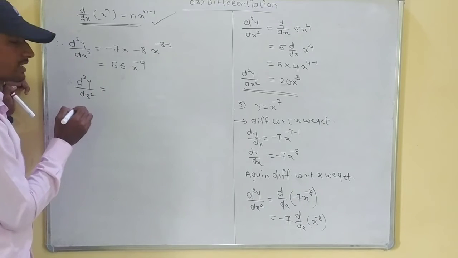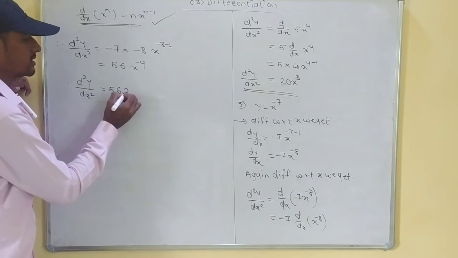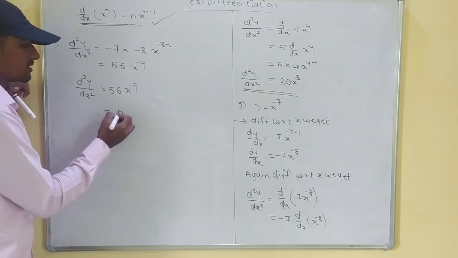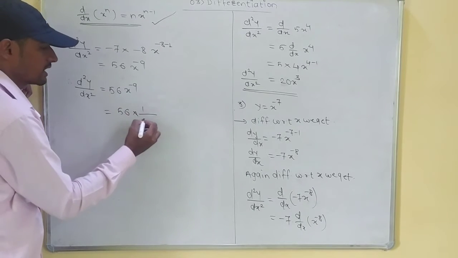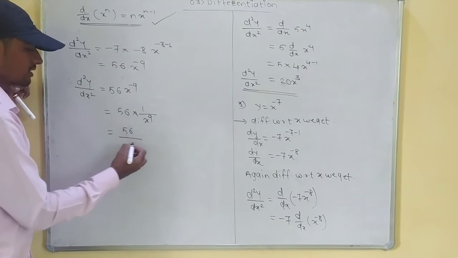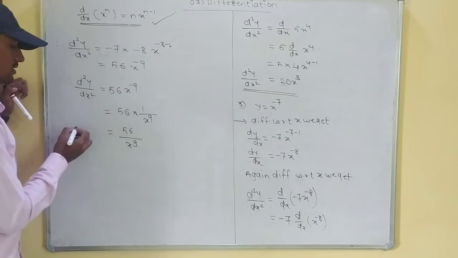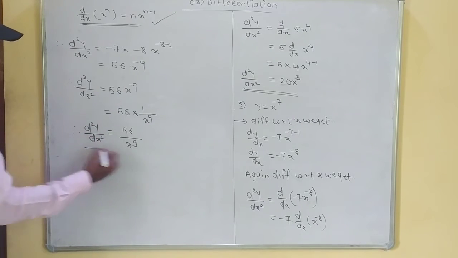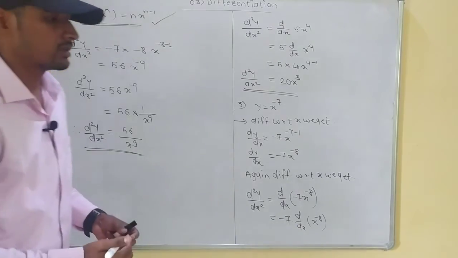So d2y by dx square is nothing but 56 x raised to minus 9. This can also be written as 56 into 1 upon x to the power 9, which is nothing but 56 upon x raised to 9. So this is the double order derivative or second order derivative of the required function.